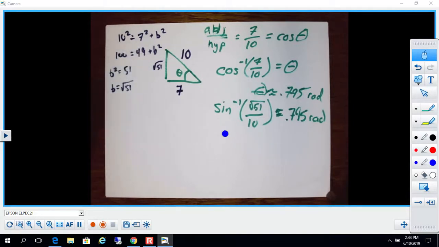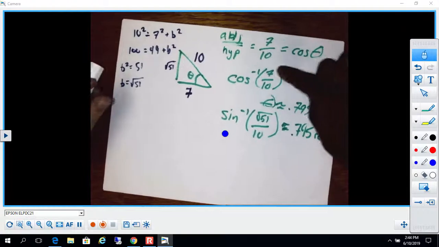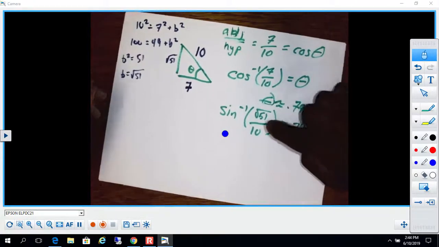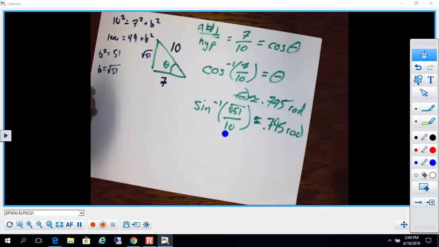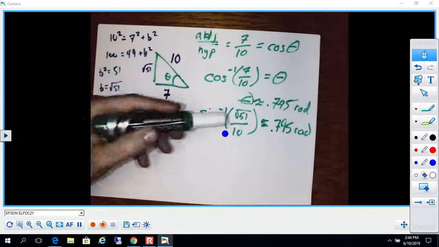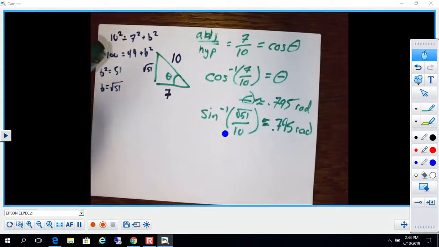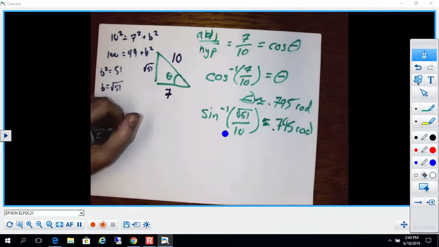So how does that give us the same thing? Yeah, because the inside is different values, right? But am I doing the same function? No. I'm doing the inverse cos here, and here I'm doing the inverse sine, right?